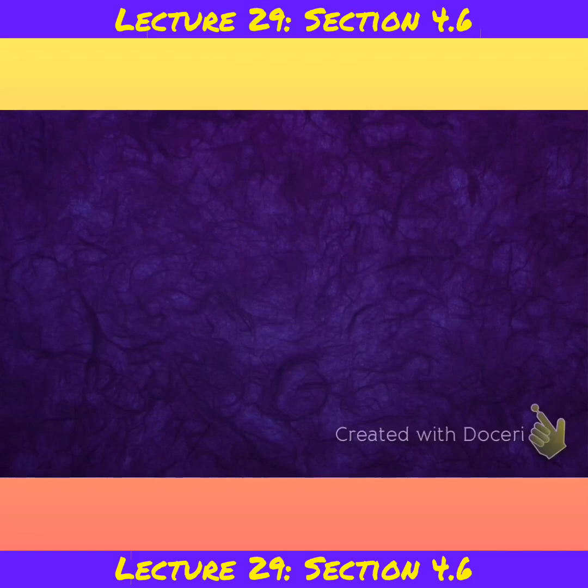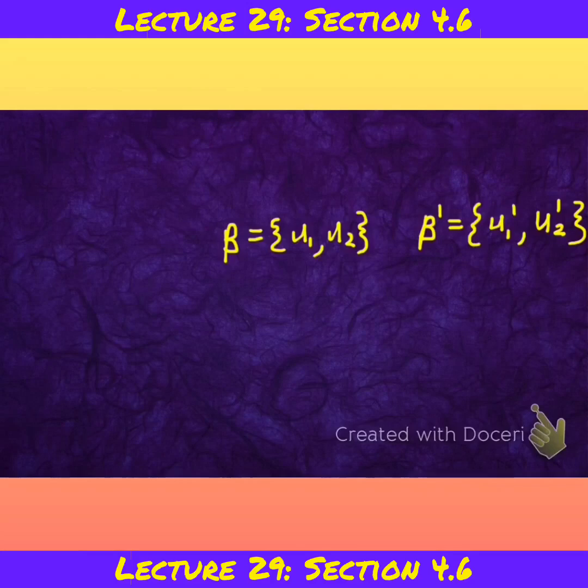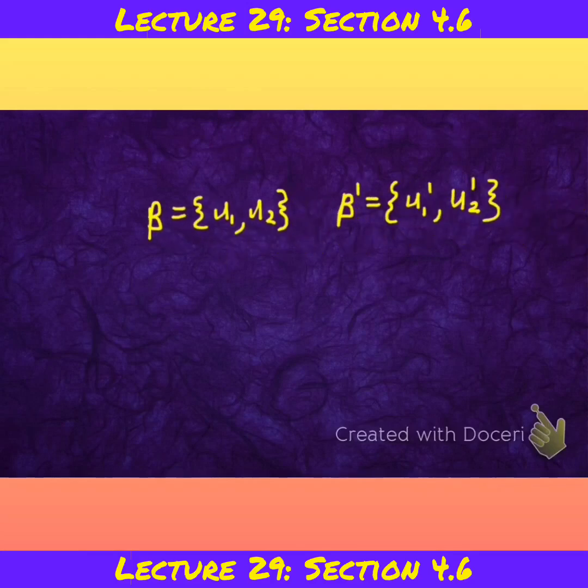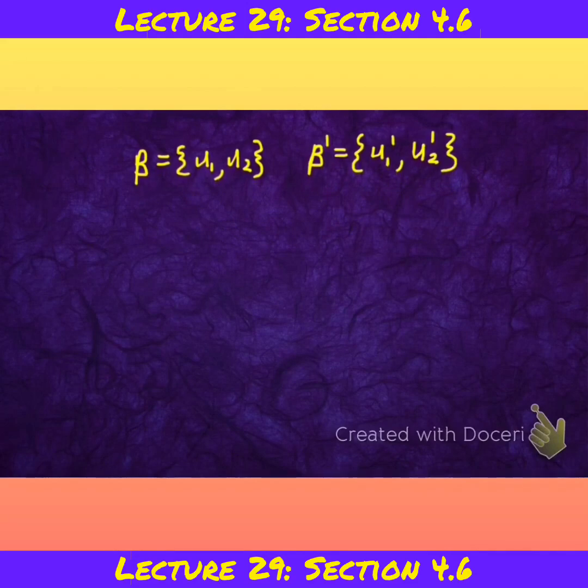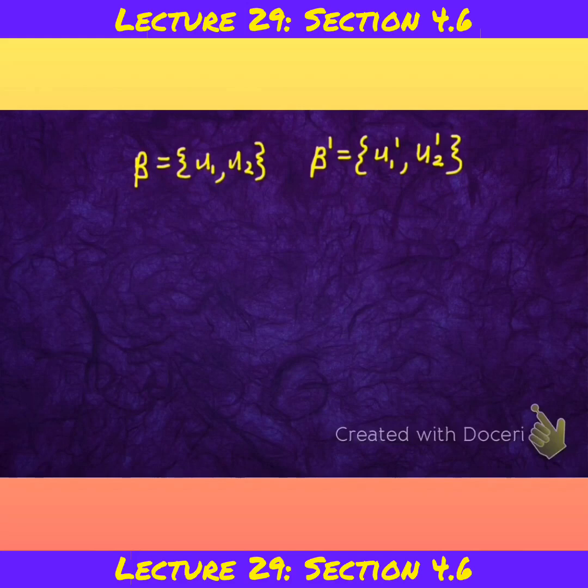All right, so perhaps it would be in order for us to just look at an example. So let's take this simple case. You've got two bases, basis B and basis B prime for a vector space, and both bases have two respective vectors u1, u2, u1 prime, and u2 prime.